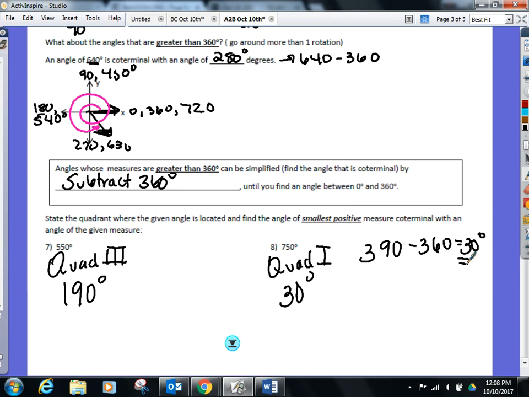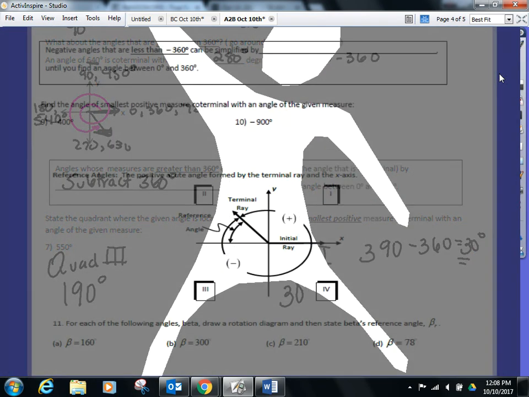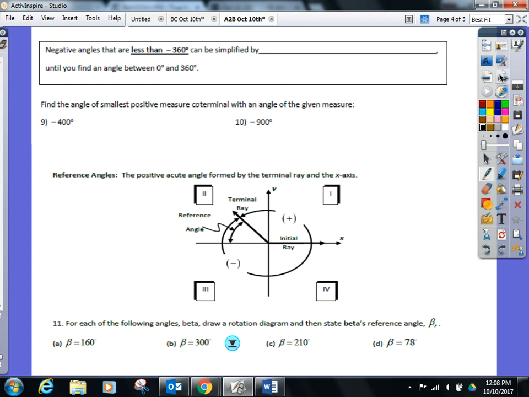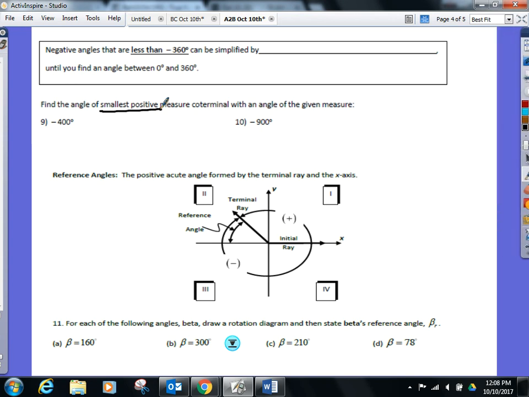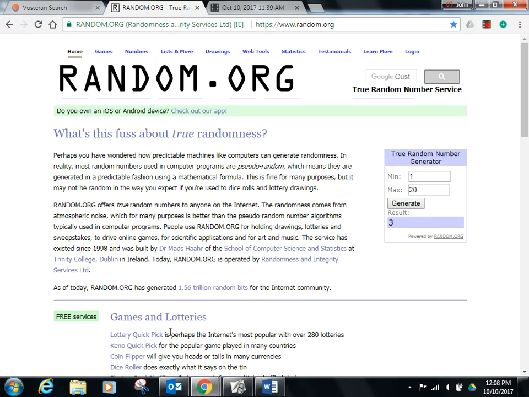Questions? We got one part here. And what if it's both? Negative and more than 360. What do we think? What do you think you would do to negative 400 to get the smallest possible measure we could? What could we do to it to start making it go in the positive direction?